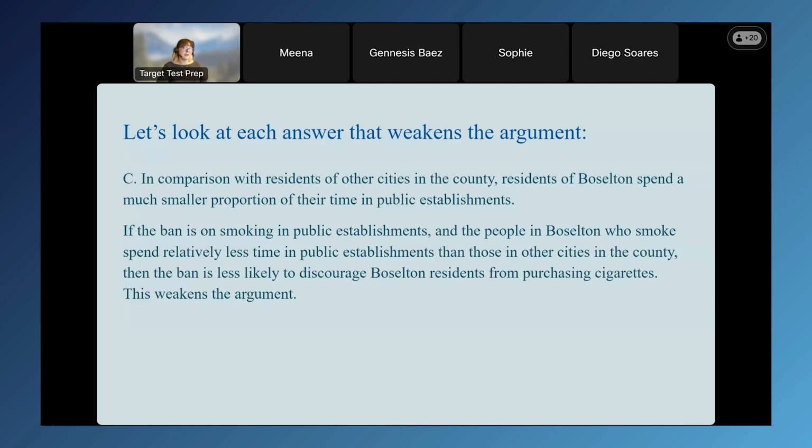It's only a deterrent if you have to change your behavior. If they're already not going to places, then they don't have to change their behavior. So if the people in Bozelton spend a much smaller proportion of their time in public establishments, then they are much less likely to be affected by the ban than people in other cities in the county.